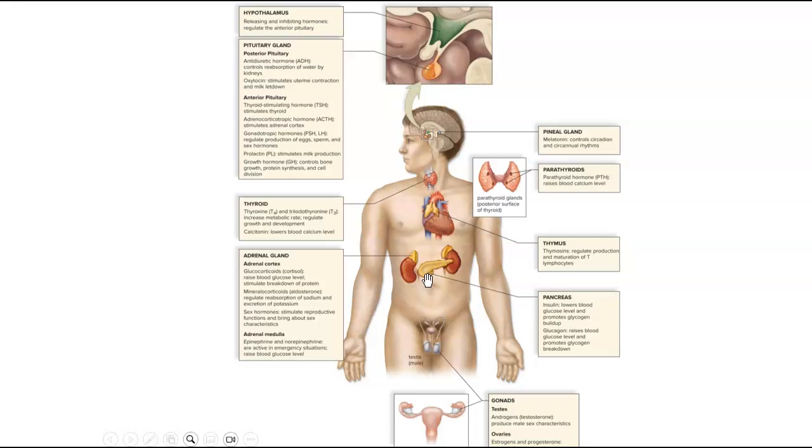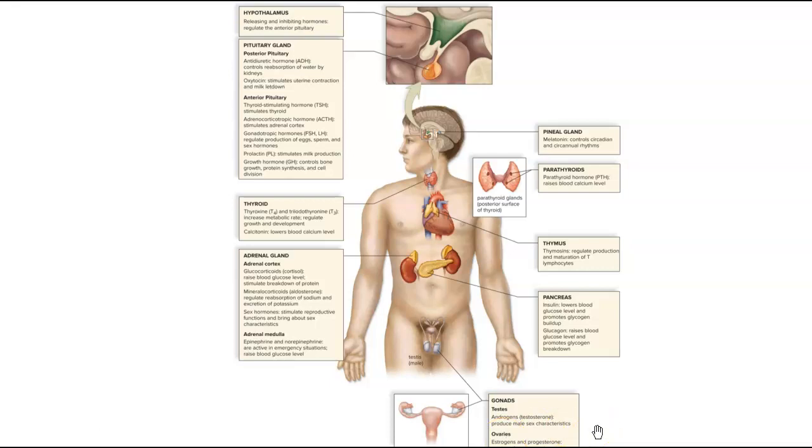Insulin will lower blood sugar levels, and glucagon will raise blood sugar levels. And then, even though the gonads are really a part of the reproductive system, they overlap. Because they produce and release hormones, they're also a part of our endocrine system. So the testes in men produce testosterone, and ovaries produce estrogen and progesterone.